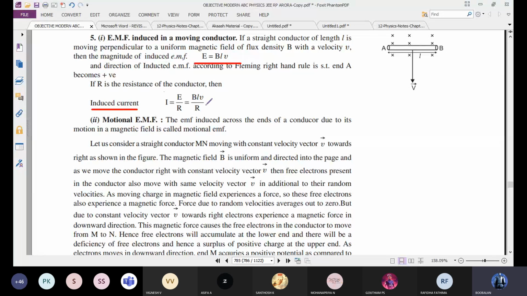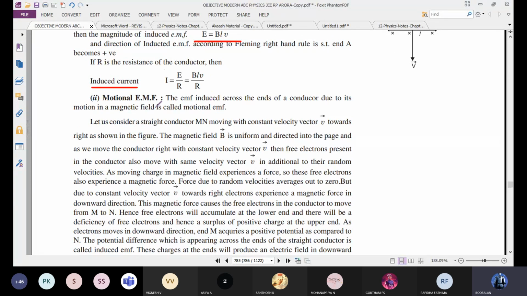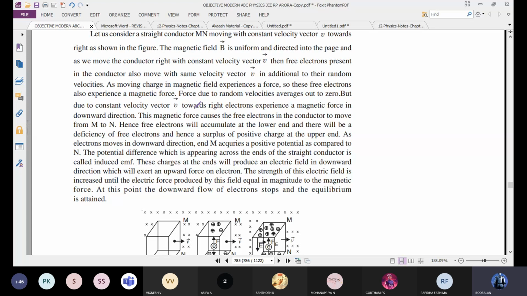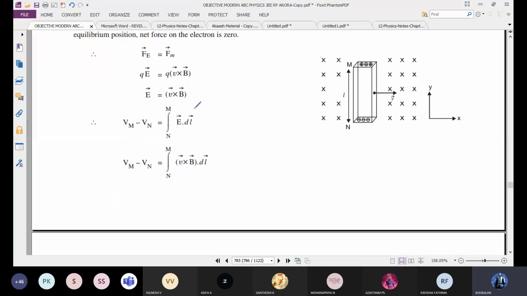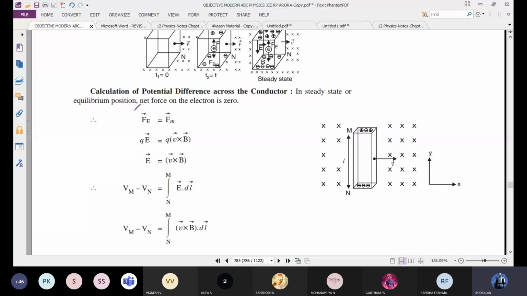So this is one more formula, the motional EMF. In the potential difference across the conductor, the forces are equal. In the steady state or equilibrium position, the net force on the electron is 0. Please take notes.